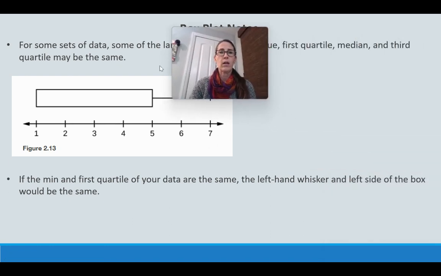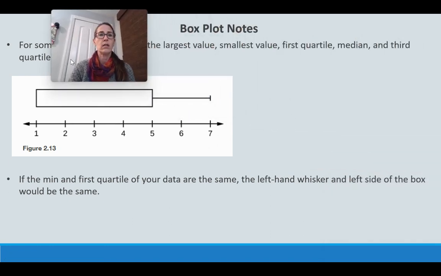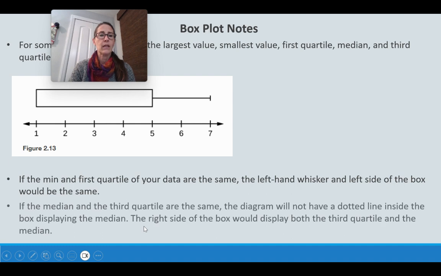So if our first quartile and minimum are the same, so like 25% of our data values are the number 1, then our left-hand whisker and the left-hand side of the box would be the same. If the median and the third quartile are the same, then we wouldn't have that dotted line inside the box displaying the median, or the solid line in Excel's case. And then the right side of the box would be both the third quartile and the median.